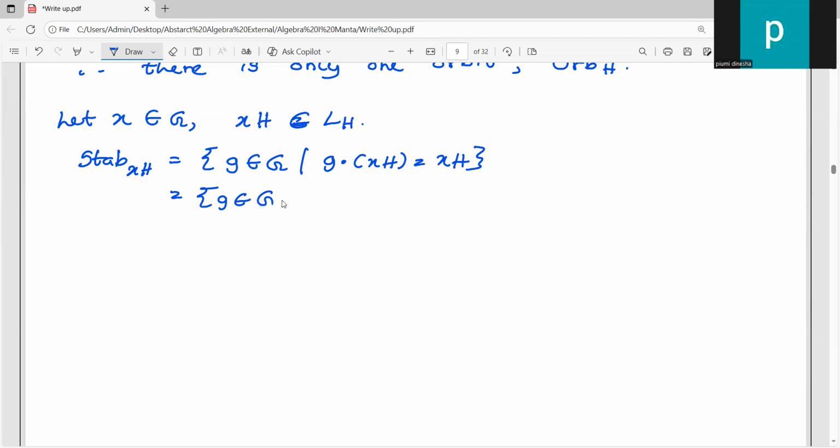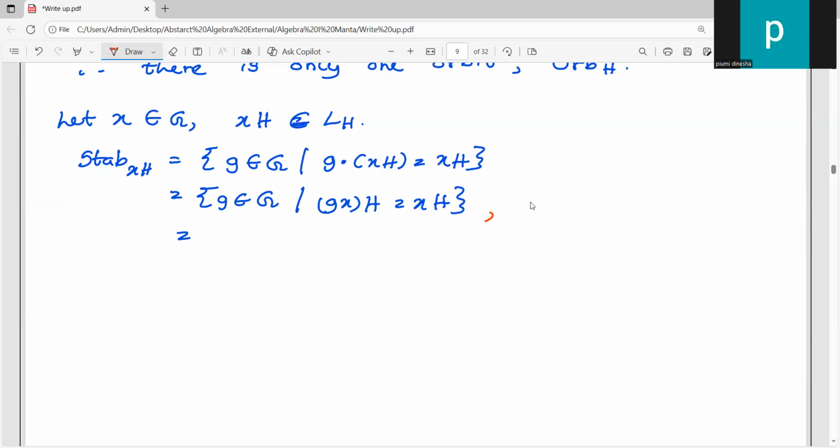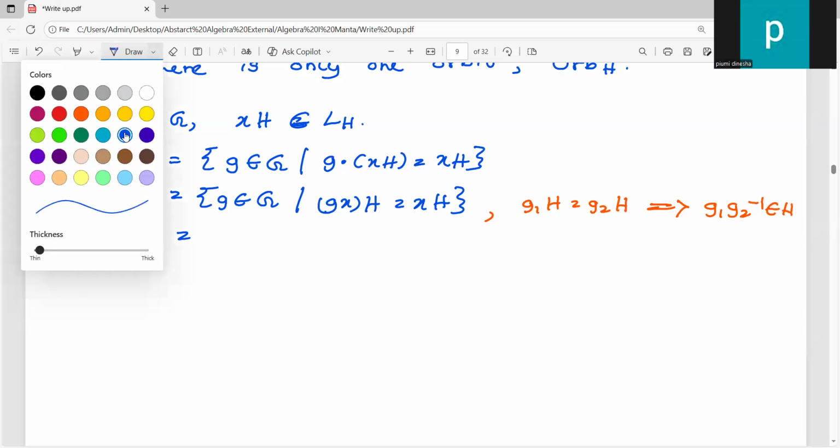And we know that g dot xH simply gives you this left multiplication, gxH equals xH. Now you have two cosets that are equal to each other. We know if you have two left cosets, let me write it down over here, we use the same property: when you have g1H equals g2H, this implies g1 g2 inverse is in H. That is exactly what we are using over here, right?